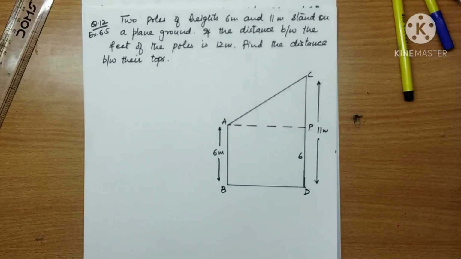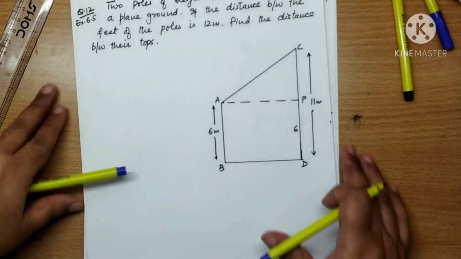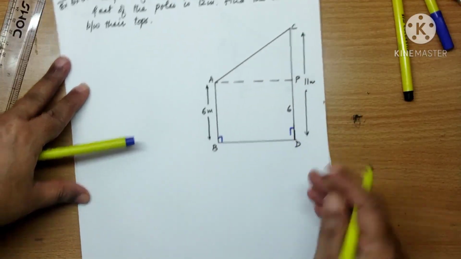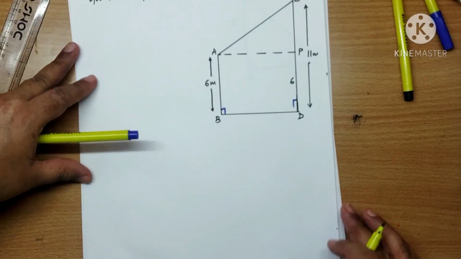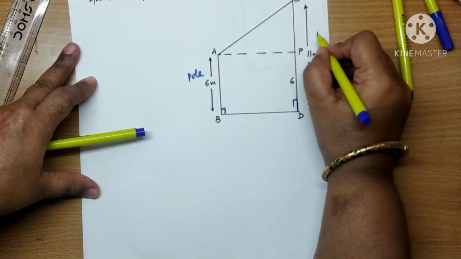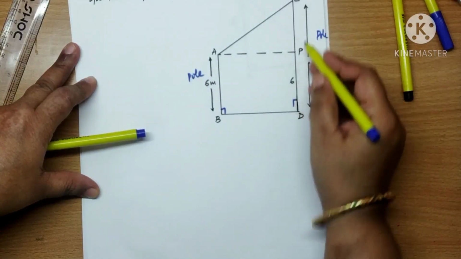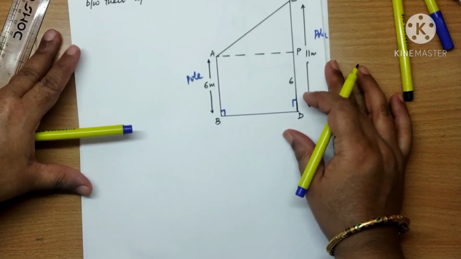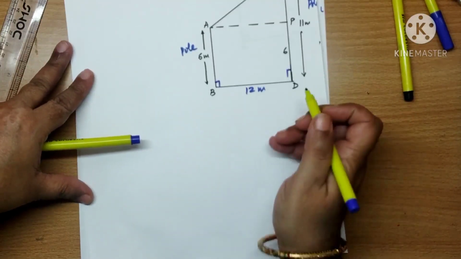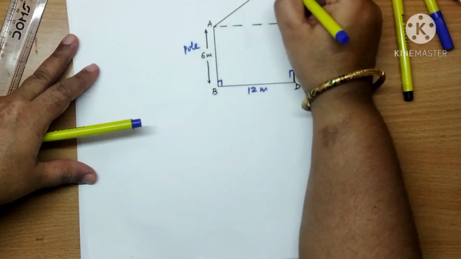Next question. Two poles of height 6 meter and 11 meter. So we have these poles standing on the ground, one is 6 meter, this is a pole, this is also a pole, and the other height is 11 meter. And the distance between their feet is 12 meter. We need to find the distance between their tops.